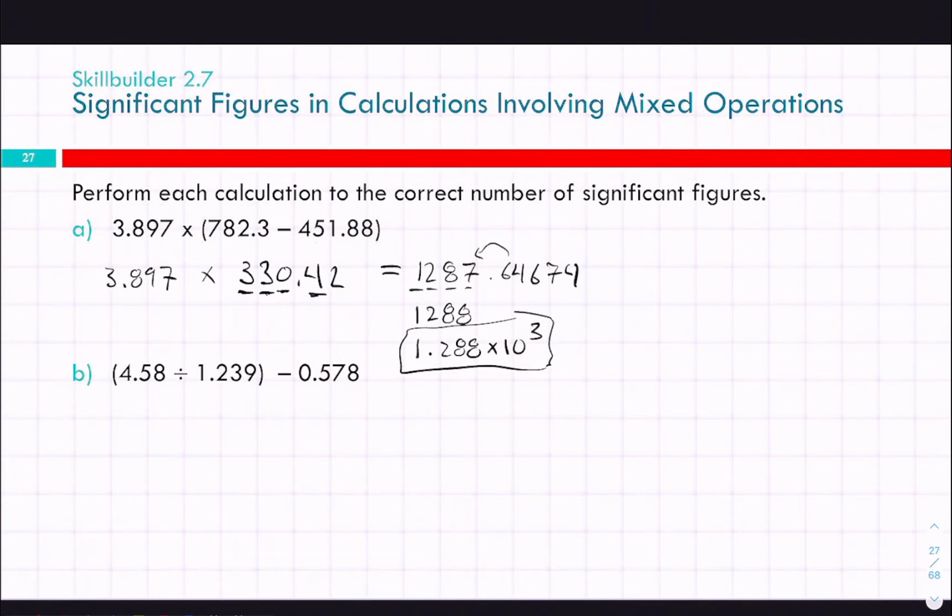All right, so for B, what's the result of this? We're going to start in the parentheses again. So if I do 4.58 divided by 1.239, how many sig figs is our answer going to have?